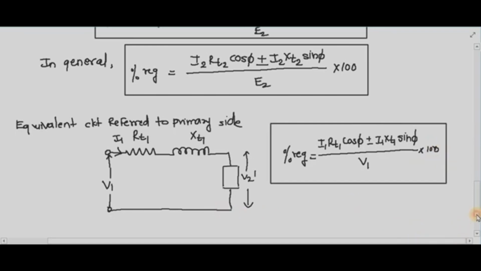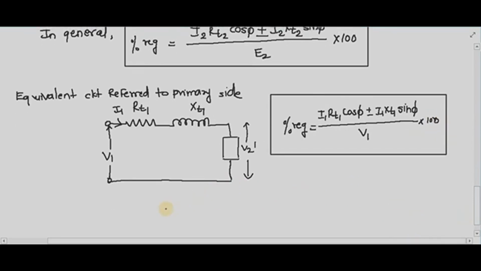Now students, normally the resistance and reactance drops in volts at normal current and the rated frequency are sometimes expressed as a percent of rated voltage for the transformer.